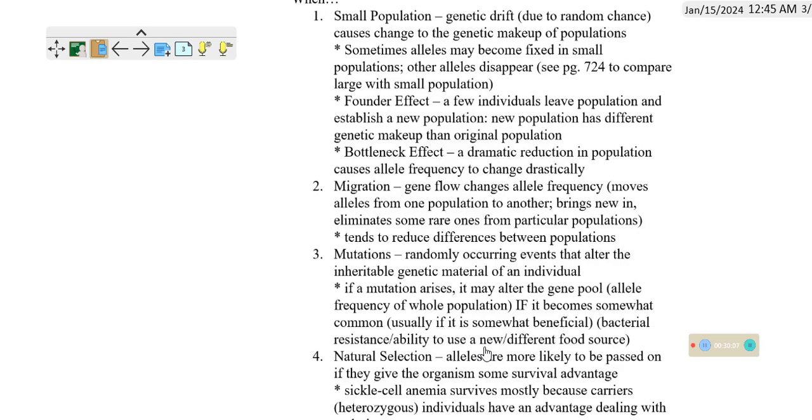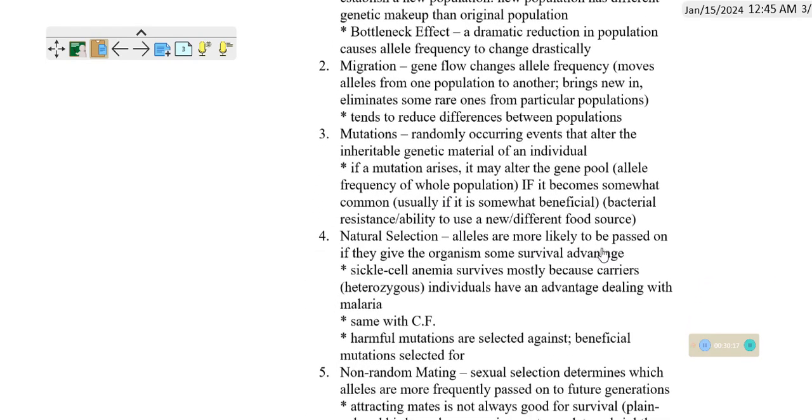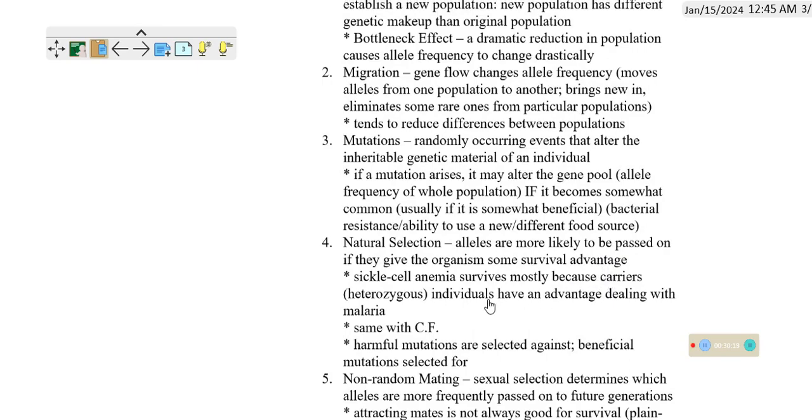Mutation usually goes hand in hand with natural selection. In this case, alleles are more likely to be passed on if they give the organism some survival advantage. So, kind of an interesting one here is sickle cell anemia.